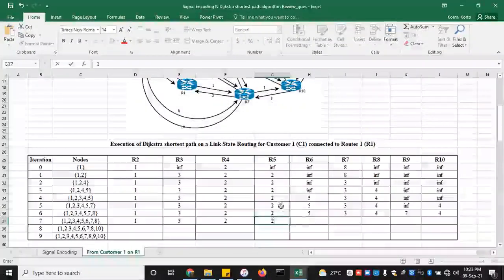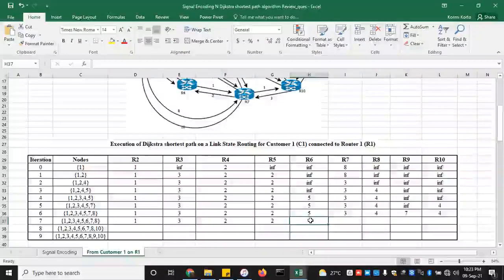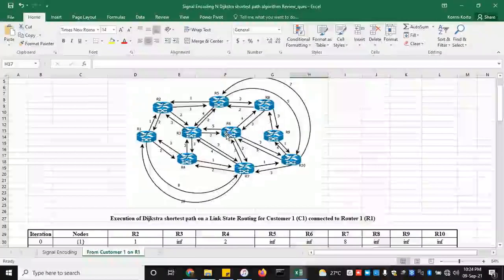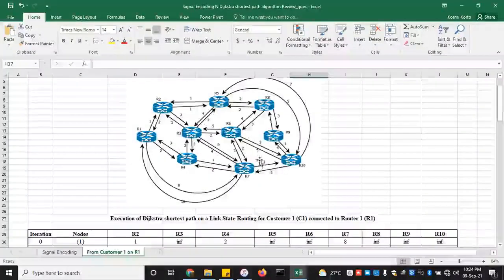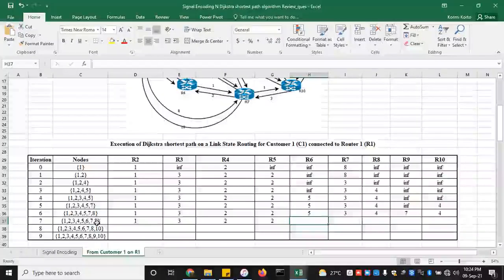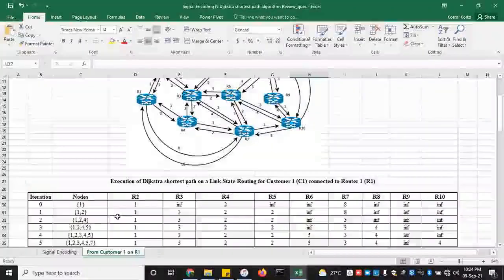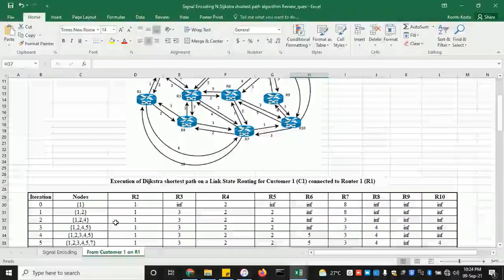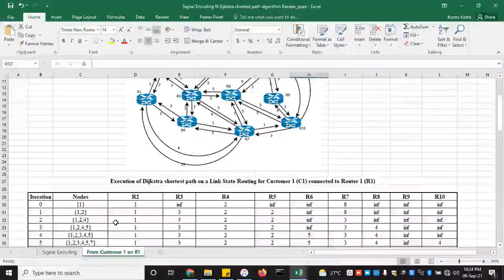If we can beat some of these values or metrics, cost. 6. Now what's 6? Since now we've included 8, 6 and 8 in our node for this particular iteration.